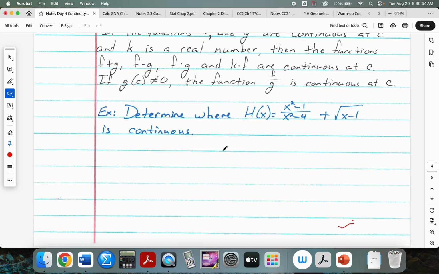For x minus 1, so h is continuous. Where? Well, we need the x minus 1 to be what? Greater than or equal to 0. Yeah, so x minus 1 needs to be greater than or equal to 0, which means that x is greater than or equal to 1.